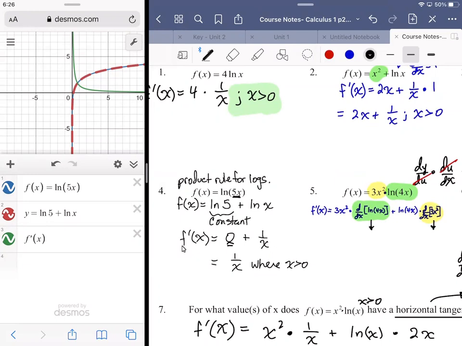It stands to reason that this is going to play out the same way. You can show the work, but it's not necessarily necessary, because you can just reason it out. But I'll do it anyway. ln of 4 plus ln of x, the derivative d dx of each of those pieces would go to 0 plus 1 over x, which would be 1 over x. All right. So that's that part.